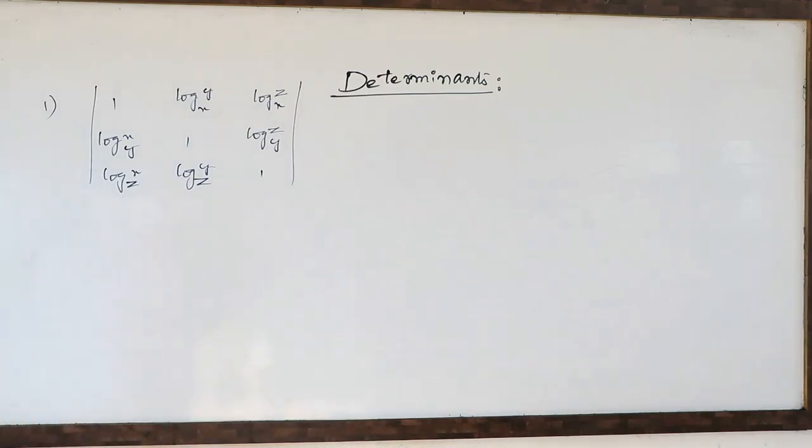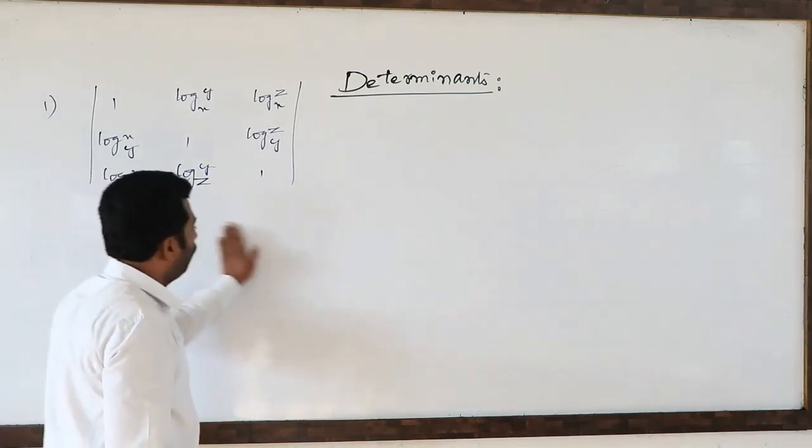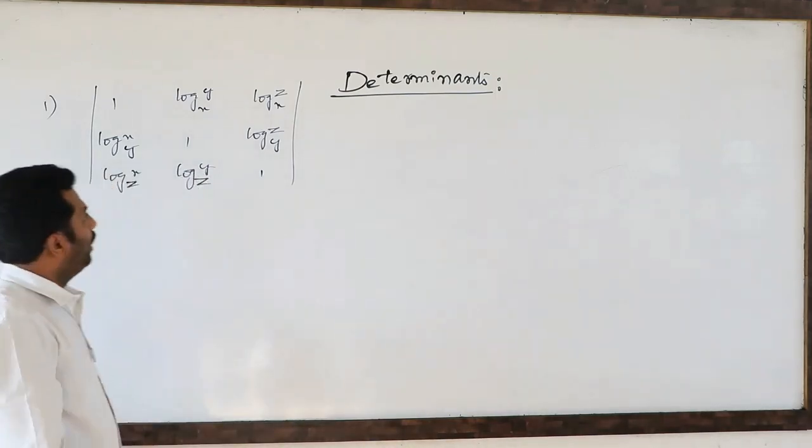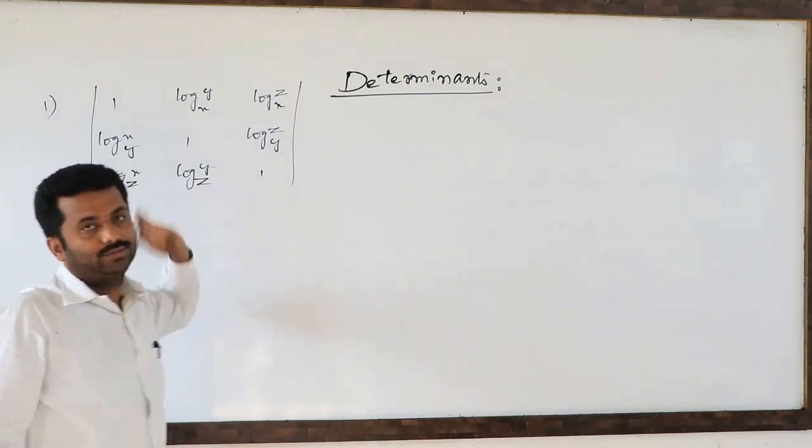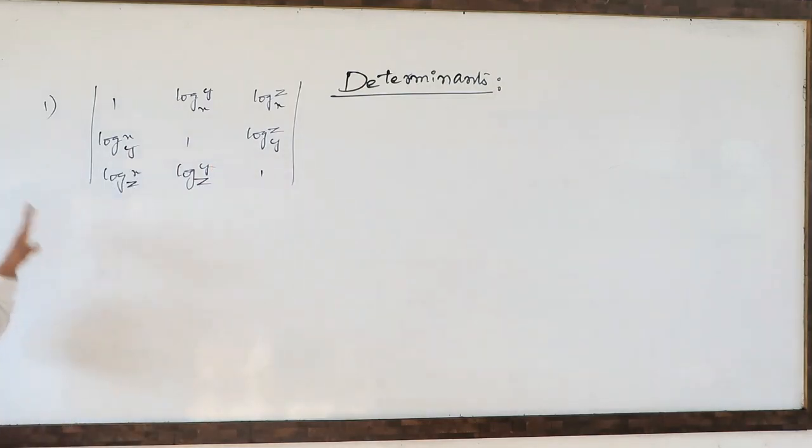Maximum answers will be 0 only. You have to remember, from the entrance point of view, this is one of the CET level problems, and they will ask these types of questions.